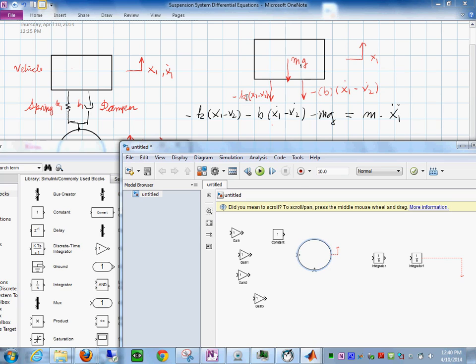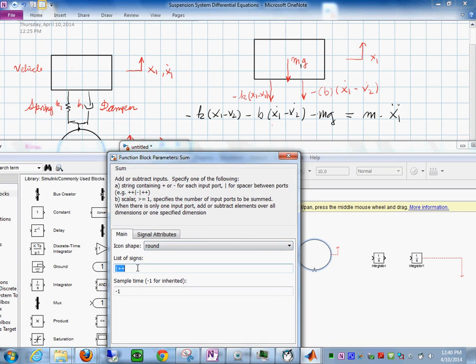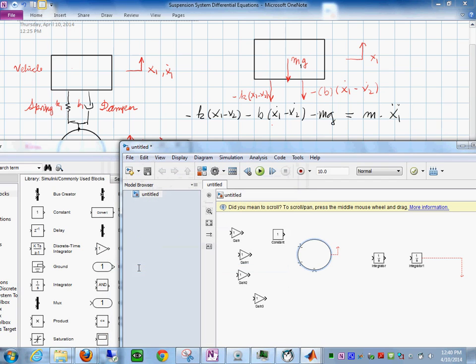Okay, so we have 1, 2, 3 terms. All three are negative, so I think it's important here to put that here. The first thing is this mg here. I could attach it to this one.